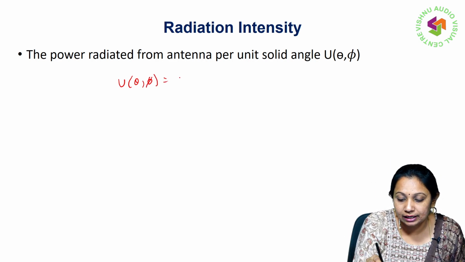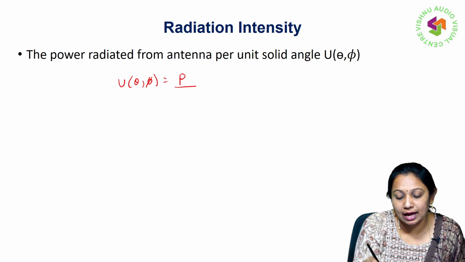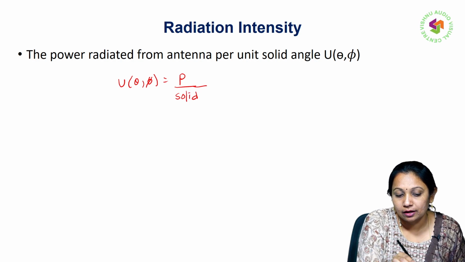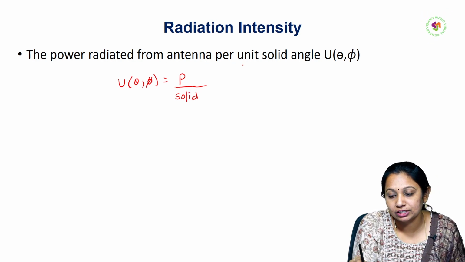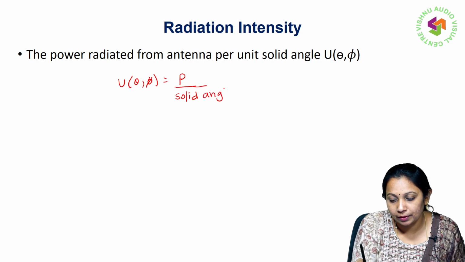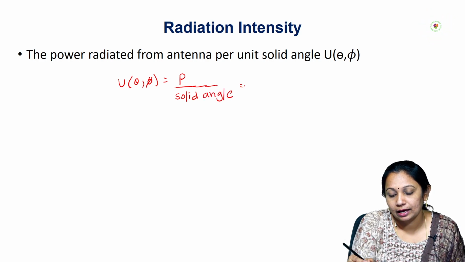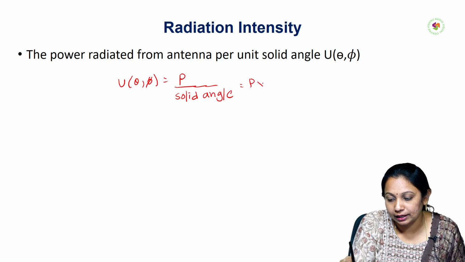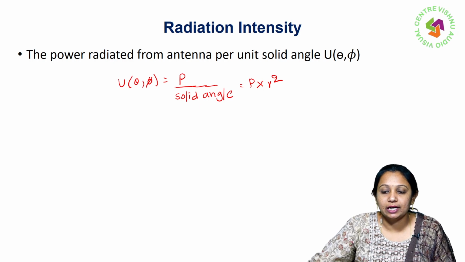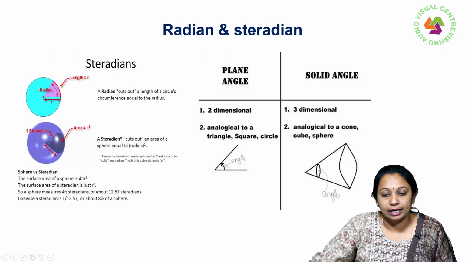So it is written as the power radiated from the antenna per unit solid angle. In other words, it can be written as P into r². This is the definition of radiation intensity.